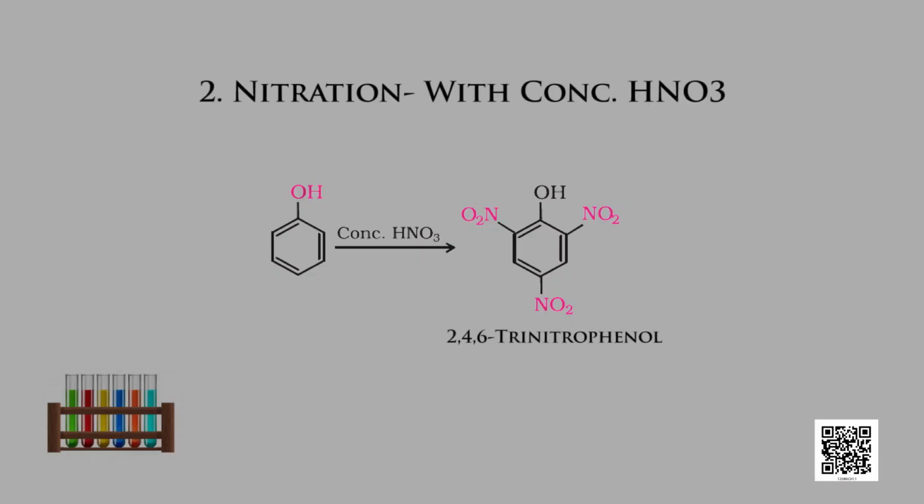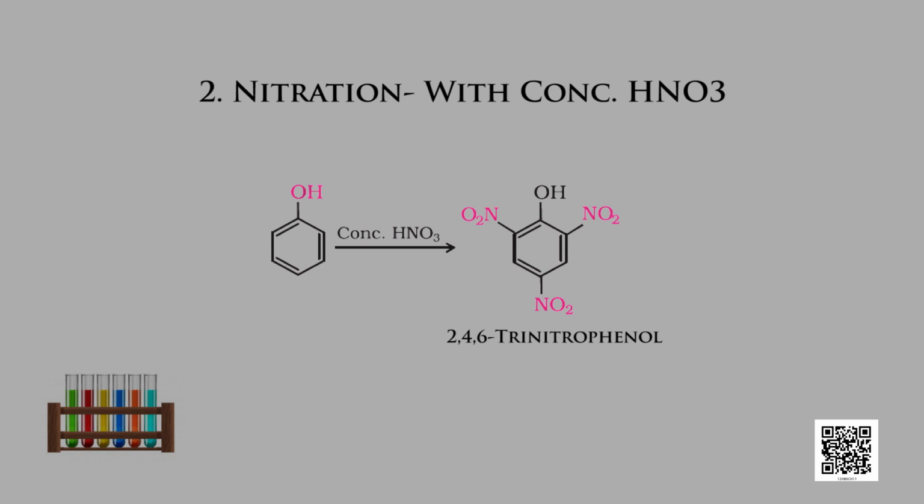With concentrated nitric acid, phenol is converted to 2,4,6-trinitrophenol. The product is commonly known as picric acid. You can see that the name of the product containing OH group is given the name acid. That means it is really acidic in nature.